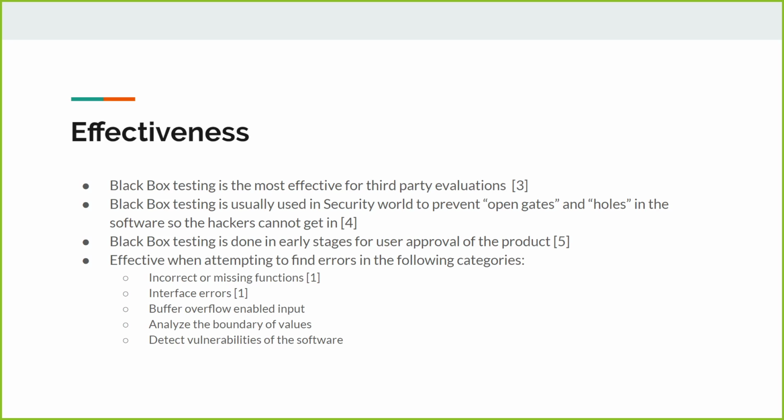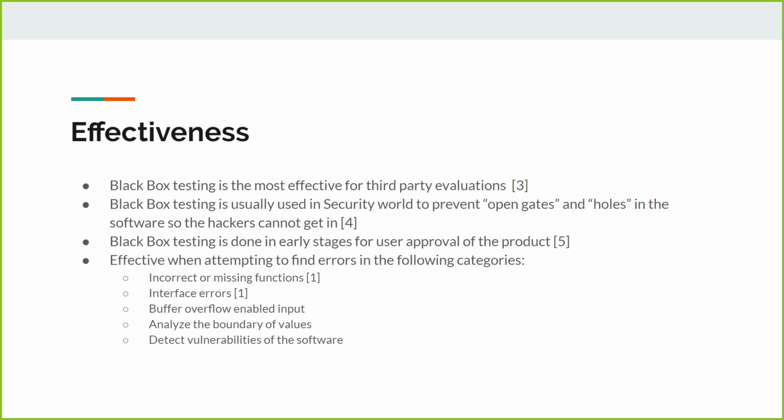To expand on that, black box testing is usually used in the security world to prevent open gates and holes in the software so the hackers cannot get in. We all heard about different breaches that happen in huge financial companies, and some of those breaches can be because of network issues, but usually they are because of weak coding techniques in the software used in production.